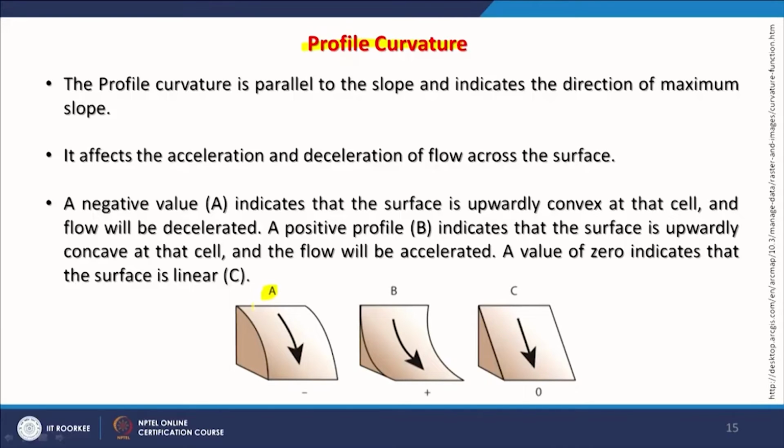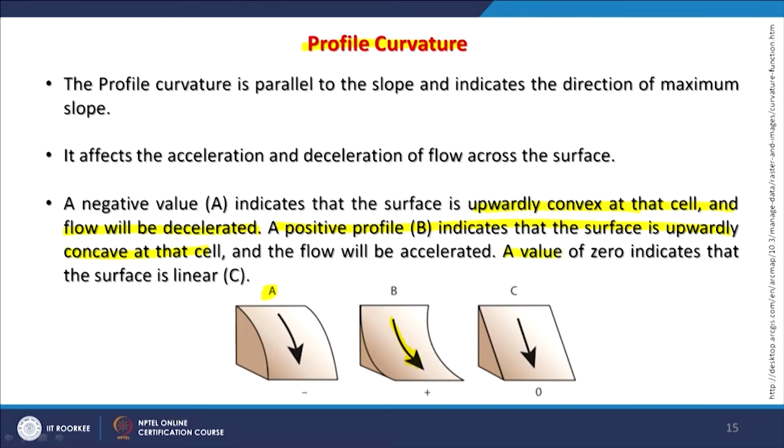Now, negative value A here indicates the surface is upward convex. So, now it is a different scenario. This is upward convex at that cell, and flow will decelerate. Whereas here the positive indicates the surface is upward concave, and that concave will have deceleration.